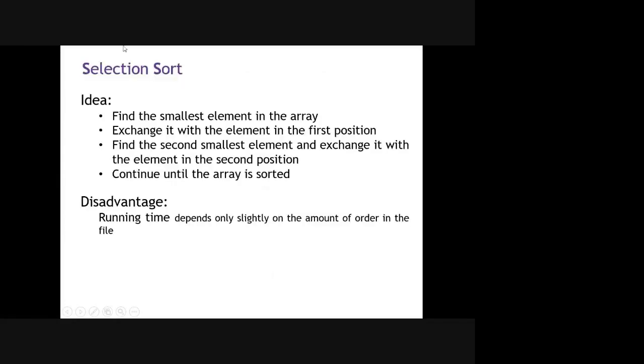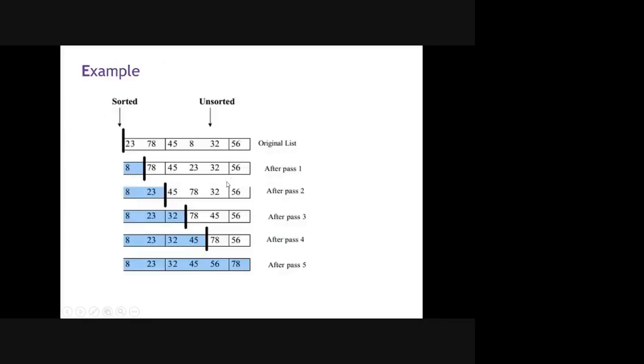Okay, I'll finish the selection sort first. So here in selection sort, you first take the smallest element in the array, then you have to exchange it with the current position. So you have to continue this until your array is sorted. So see here, 23, 78, 45, 8, 32, and 56, the original list.